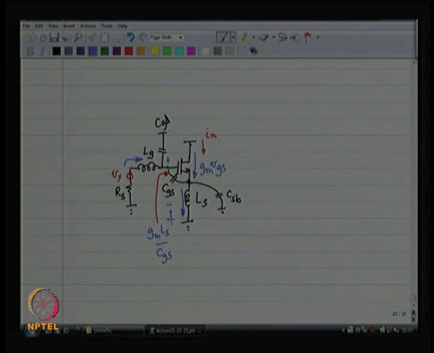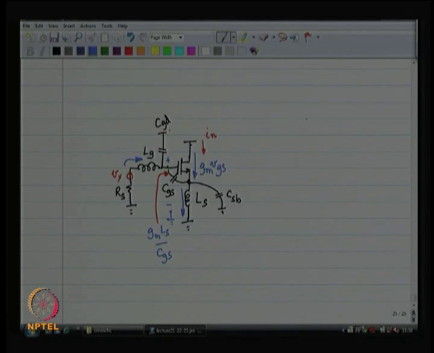All right, and given these two, we can figure out what should be my VGS. So, the first step, I can figure out what is the voltage at the gate.